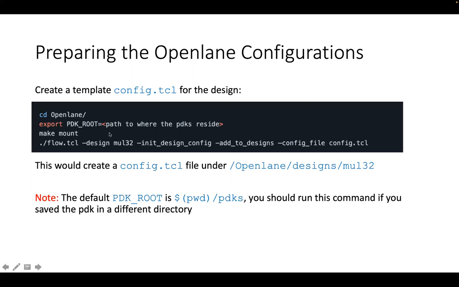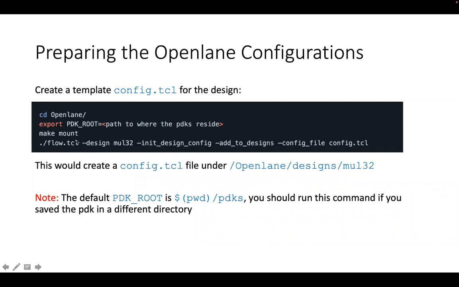And you should export the PDK root if you have them stored elsewhere. Then we ran make mount, which basically fetches the Docker container. And we ran the following command to generate a template configuration file.